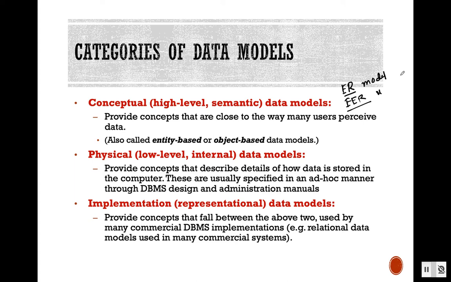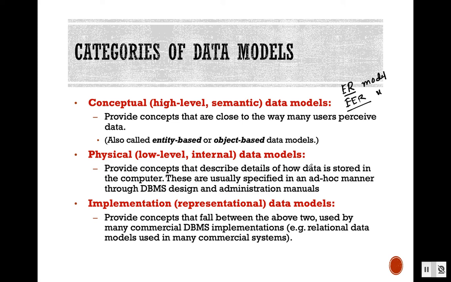They will not represent how the data will be stored or the implementation details. In this model, the data is represented at a high level, meaning how the user is going to visualize the data.